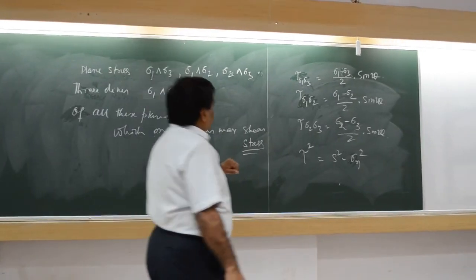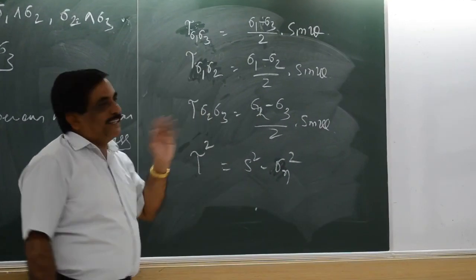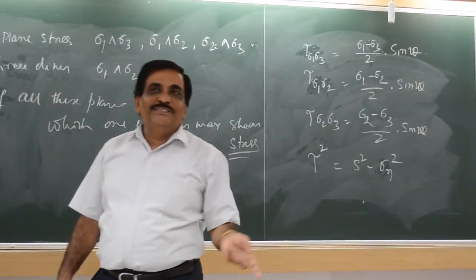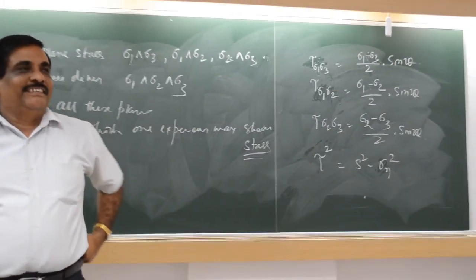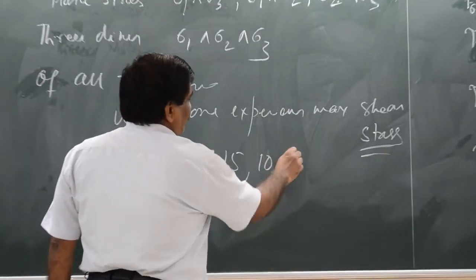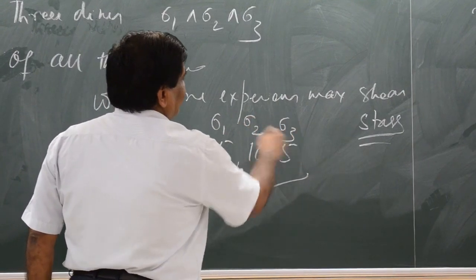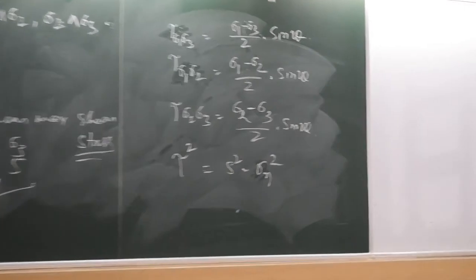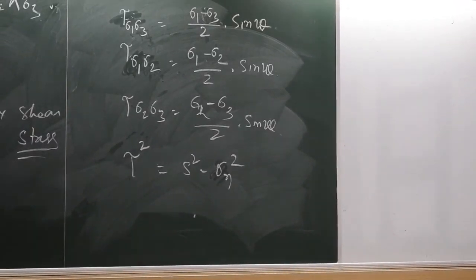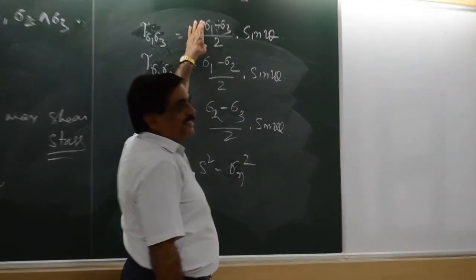Now I will tell you, leave these three aside. Now just compare among these three. Which will have maximum value? Take 15, 10, 5. Sigma 1 is 15, sigma 2 is 10, sigma 3 is 5. Where will it be maximum?